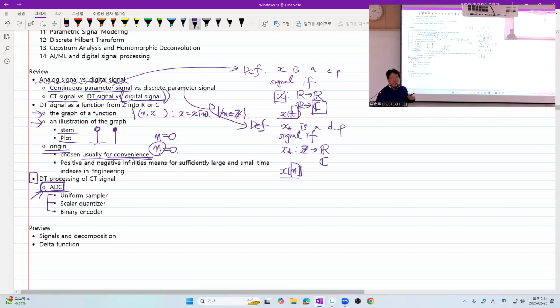So from this, considering the complement set of this one, you may understand what kind of different approaches could be done. For example, non-uniform sampling is possible. Vector quantization is possible. And non-binary encoding is also possible.